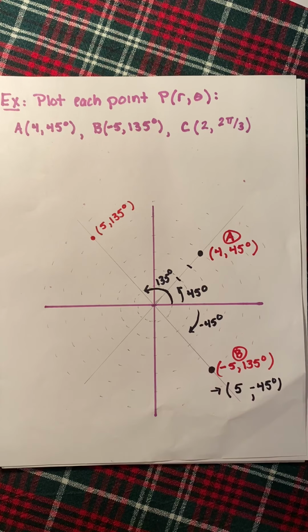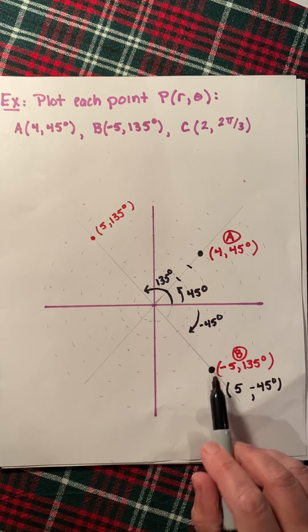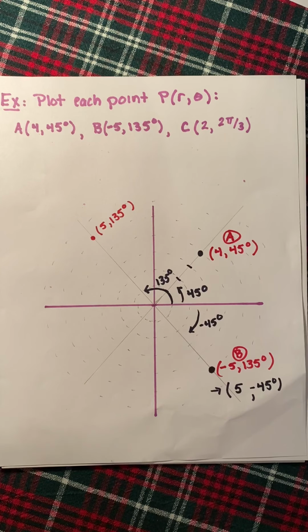So I could call that point 5, -45 degrees. So the point -5, 135 degrees and the point 5, -45 degrees represent the same point in the xy plane. So as you can imagine, there are infinitely many ways we can represent a point in polar coordinates. In Cartesian coordinates, there's only a unique way.